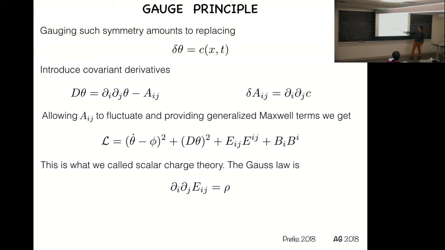Now with theta dot, you just have to introduce a scalar potential. So this is a theory where dipole moment is conserved, and we gauge the symmetry and obtain a symmetric tensor gauge theory. In this theory, the particles cannot move any way they want. They have to move in such a way that the dipole moment is conserved.